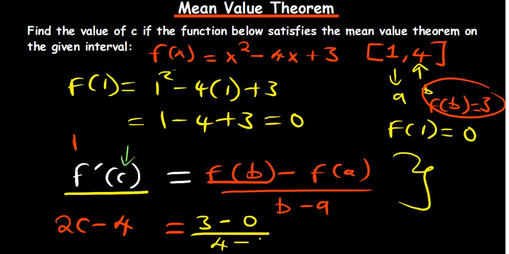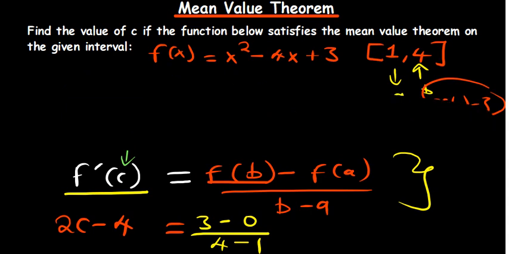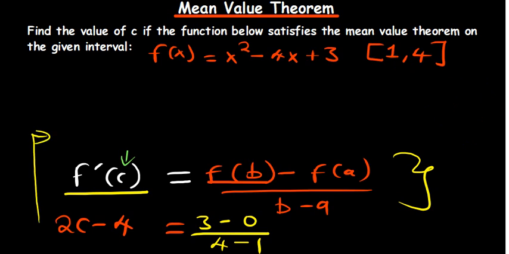Okay, and then I can erase so that we have some more space. So at this point, we'll remain with 2c minus 4 on the left. On the right, we have 3 over 3, because 4 minus 1 is also going to give us a 3. So this is equal to 1.